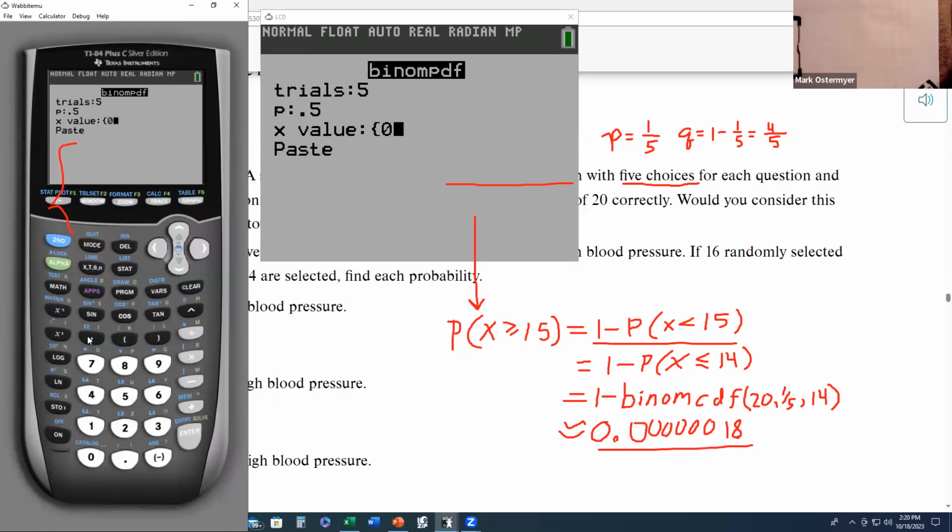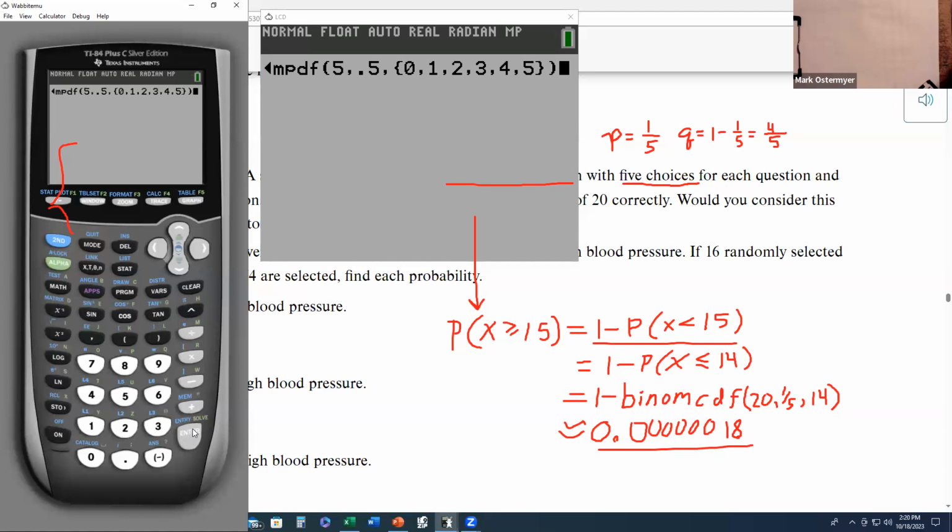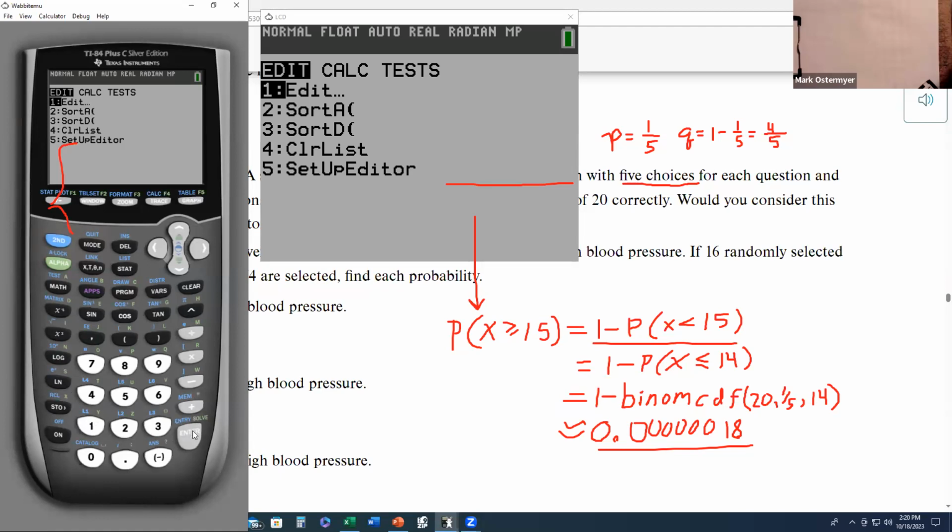I'm going to type in 0 successes, 1 success, 2 successes, 3 successes, 4 successes, or 5 successes. Close the brace. I'm going to store this in list 1. Let's go look at list 1 now.